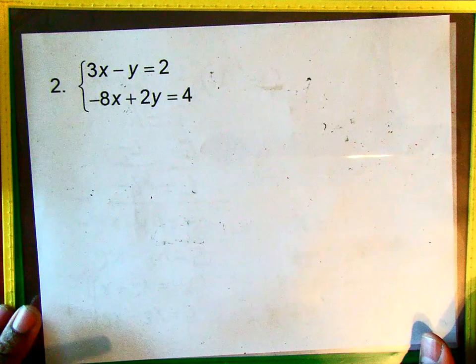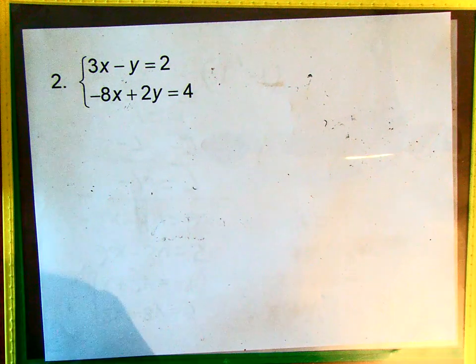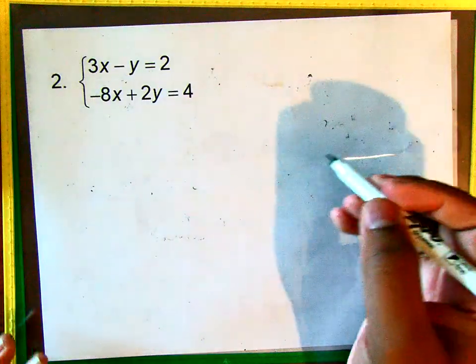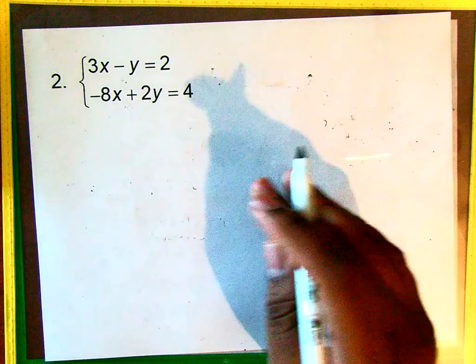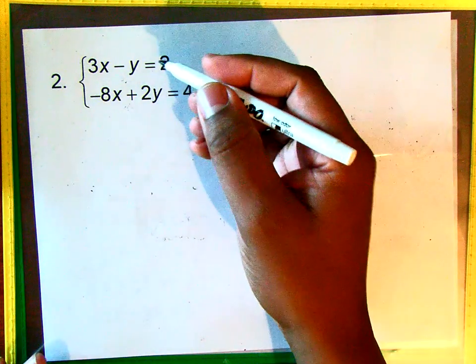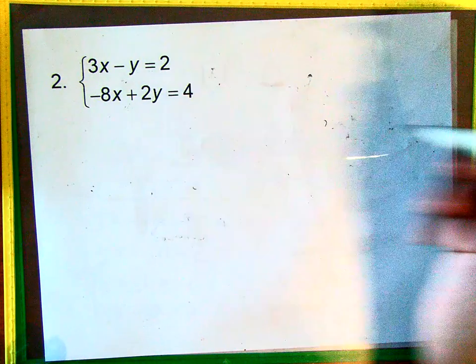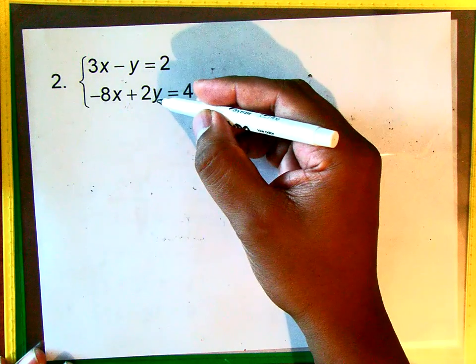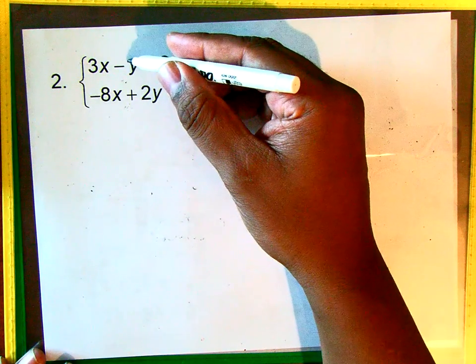So on this one, what we're going to do is take a look and see what the easiest thing we can multiply by is, to change it so we can get one of our variables, either x or y, to cancel out. So I can see how this is 2y here, and that this is just 1y.